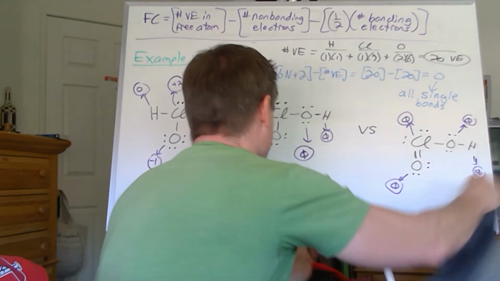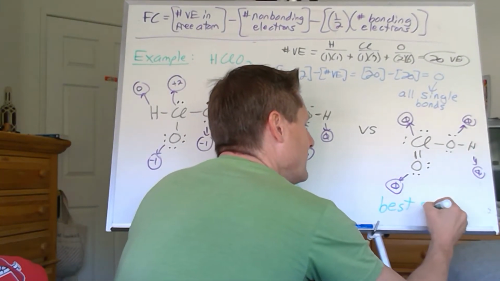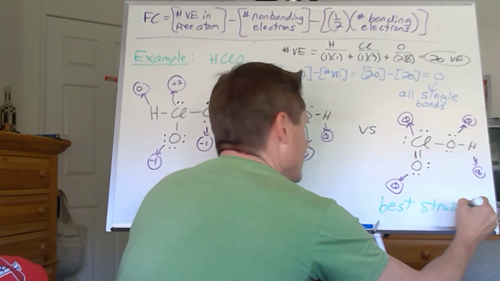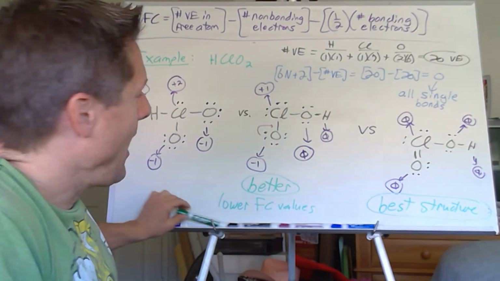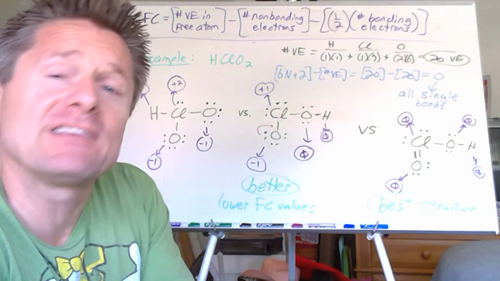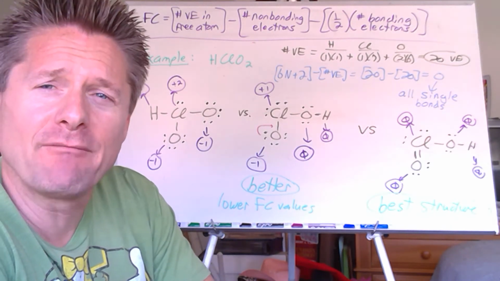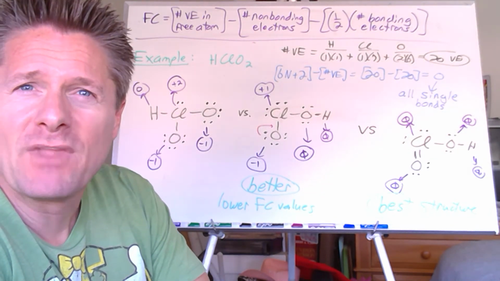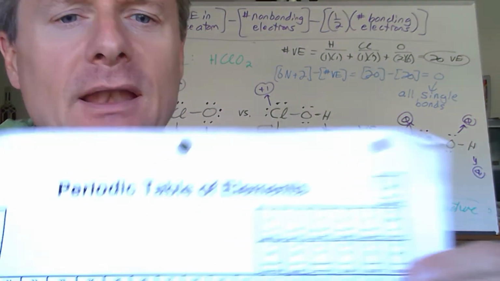This is the best structure. Do you see that? Now, why did that not get predicted? This will happen, like I said, a lot. There's some exceptions to what we've been doing. The sulfate. So a lot of the third row, n equals 3, chlorine, sulfur, a lot of these babies right in here.